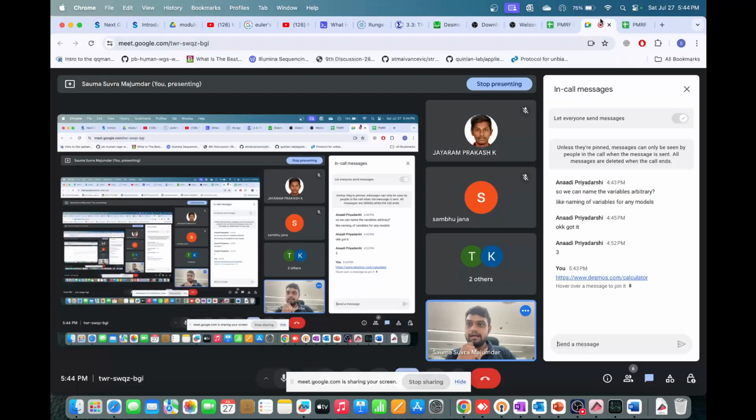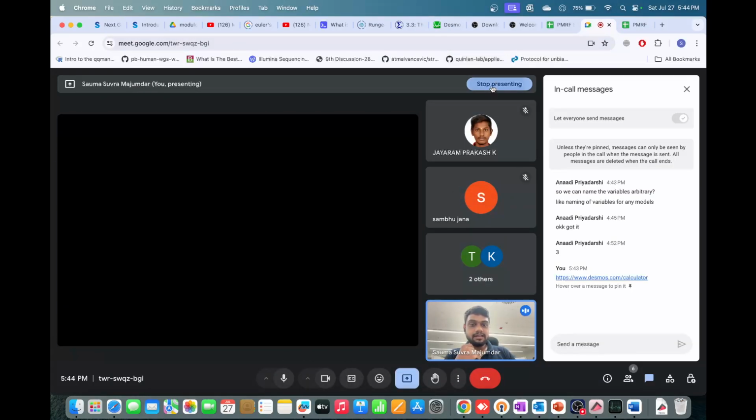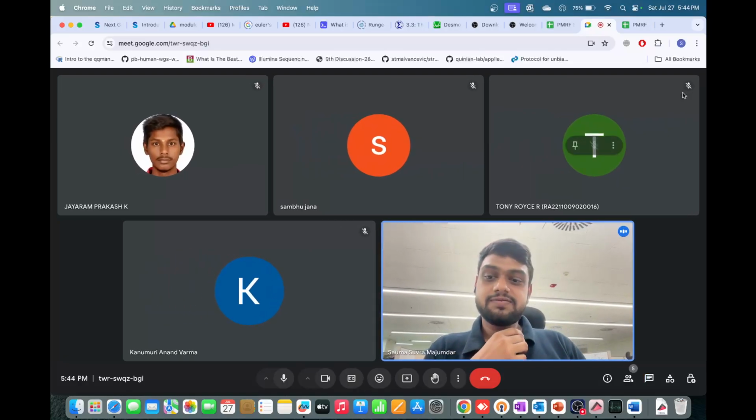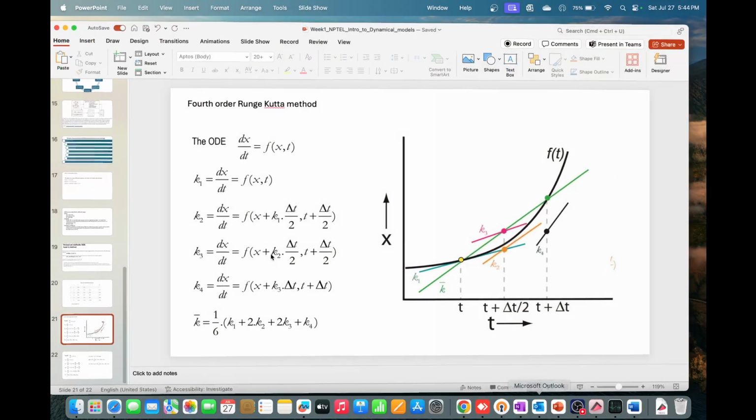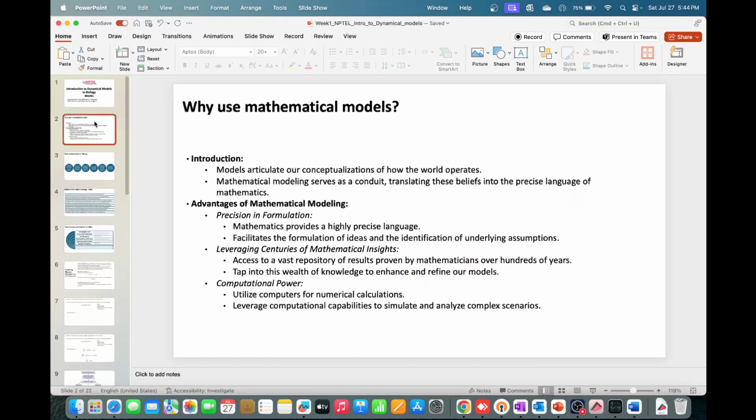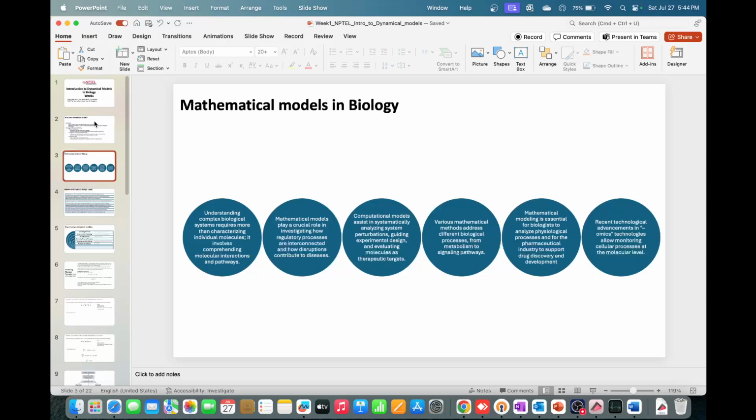And I think I have covered everything that I needed to for this week. But before we end this session, I just want to give a quick overview of everything that we discussed. So we started with why we use mathematical models. Then we studied how mathematical models can be used in biology.